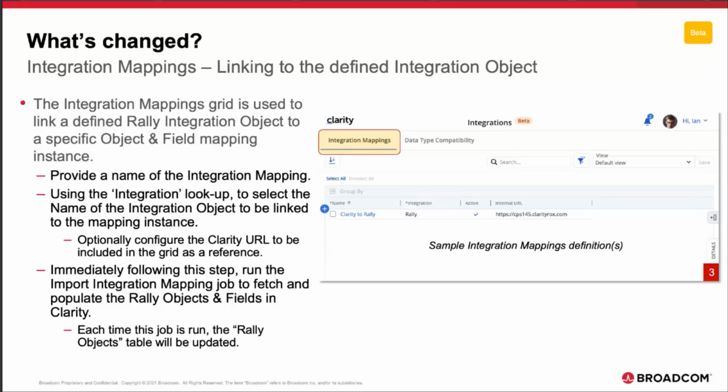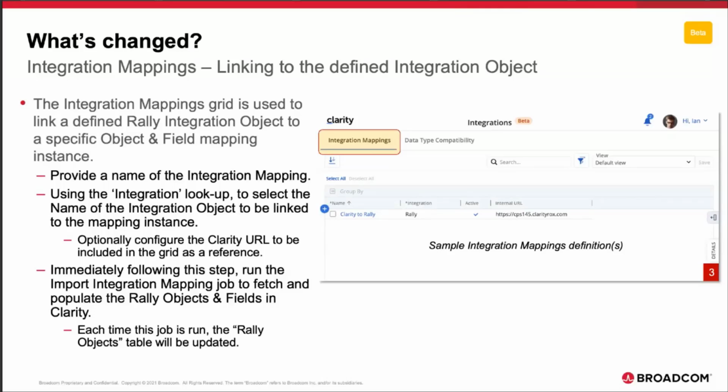So immediately following this step, there's a need to run what's called the import integration mapping job. What that does is it goes out and fetches and populates the Rally objects and fields within Clarity. Each time that job is run, the Rally objects that are brought over are updated.